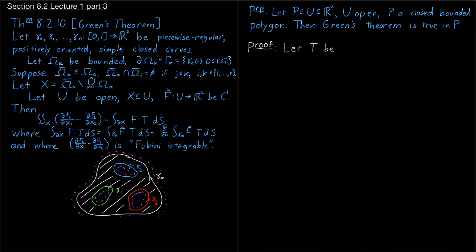So let's let T be a triangle. In the interest of making your life easier, I'm going to say that one of the three sides of the triangle has to be vertical.